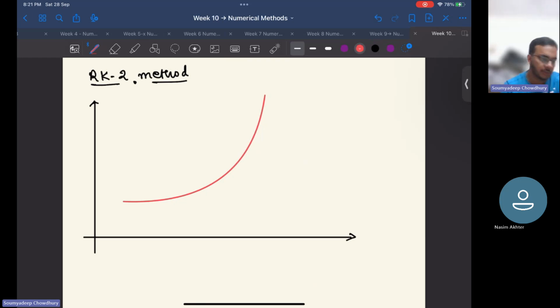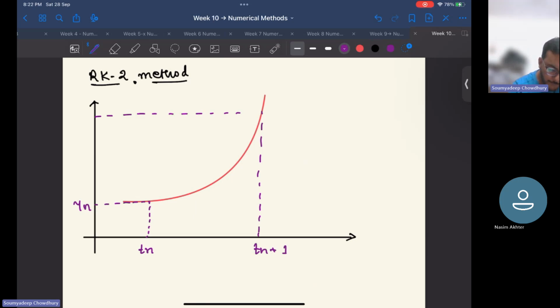So this is my function. Here we have Tn. Suppose here we have Tn plus 1. This is my Yn. This is my Yn plus 1.